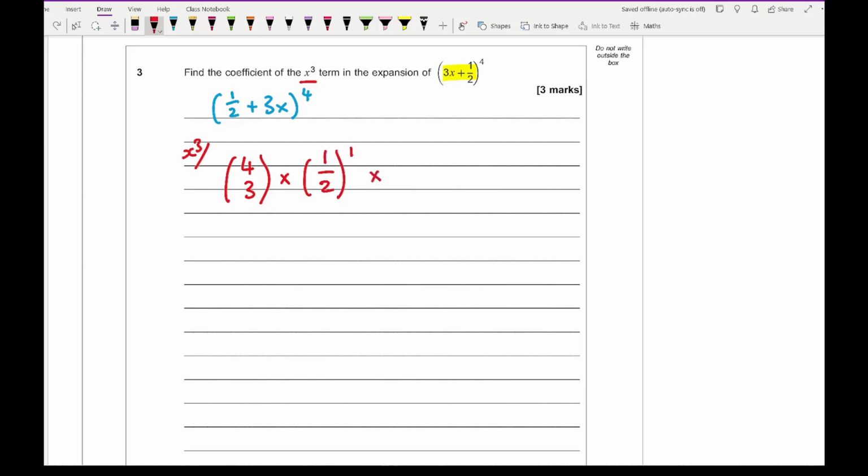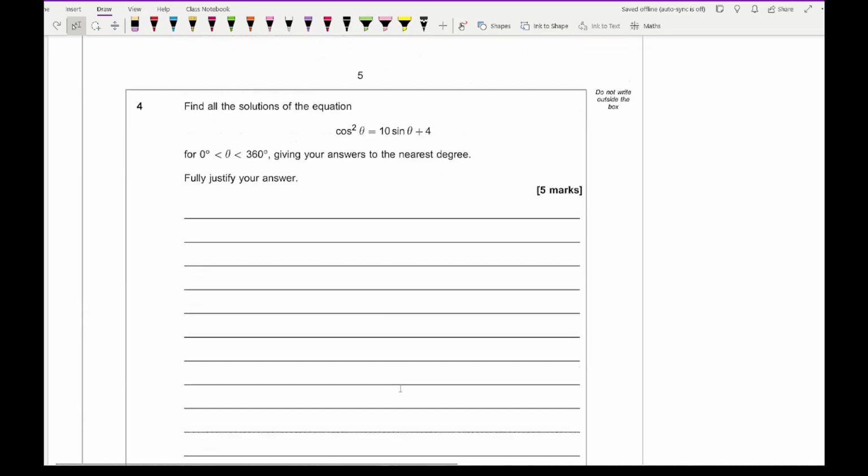And then I multiply the second term, 3x, to the power of the x term that I want. Now if I type this into my calculator, a half to the power of 1 and 3 cubed, it will give me my coefficient, which is 54x cubed. But the question's just asking for the coefficient, not the term, so the answer then is 54.